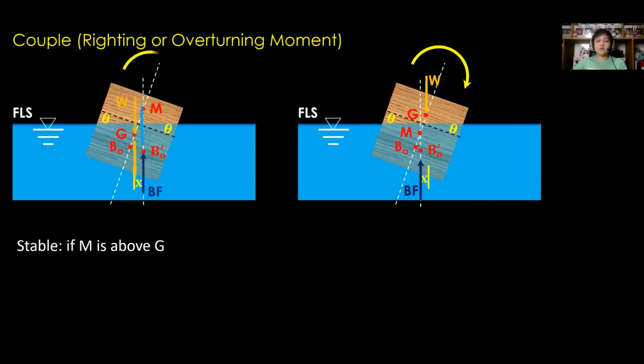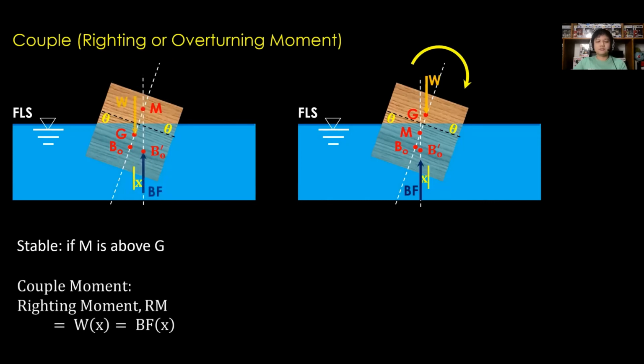Thus, W and buoyant force pushes back the block to its original orientation. For this condition, couple moment is righting or resisting moment, represented with Rm, equal to W times X, or the buoyant force times X.